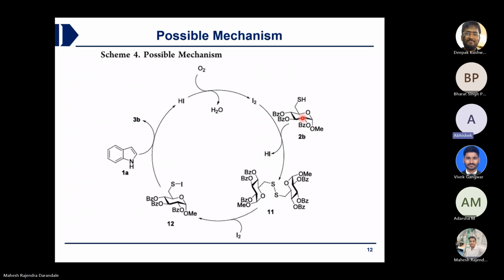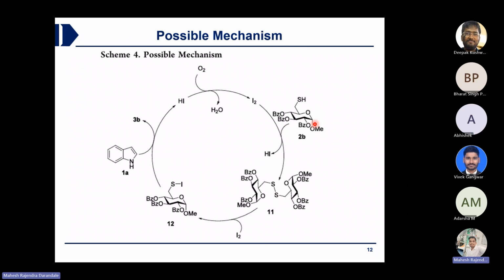Nice presentation, Mahesh. I have one small question: how is this 2B molecule formed? This 2B is this C6-thio. First they have taken the methyl glucopyranoside. I don't know what they did, but I am telling the route of synthesis, how it is generally prepared.